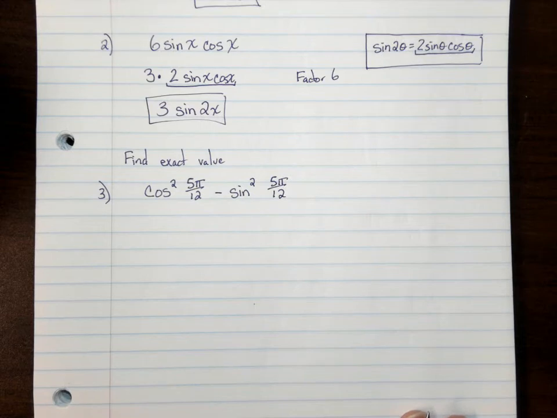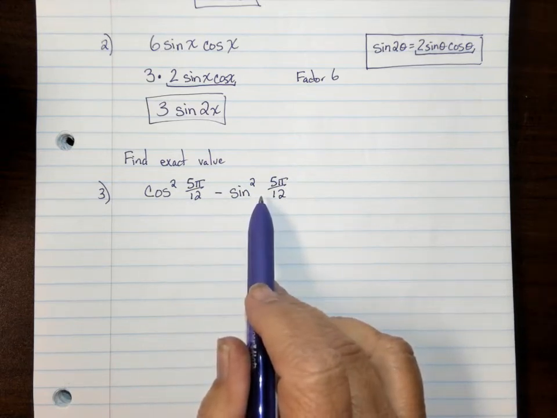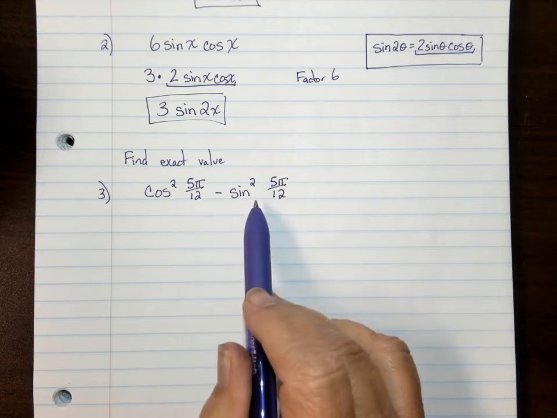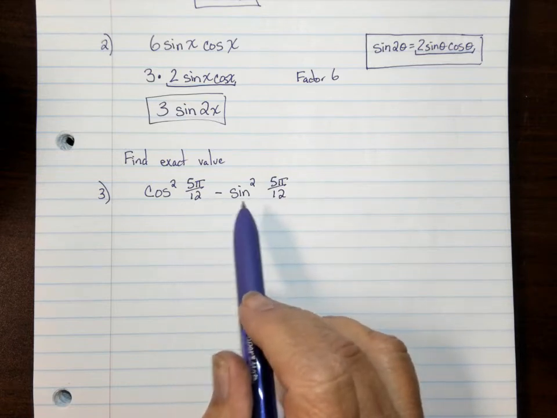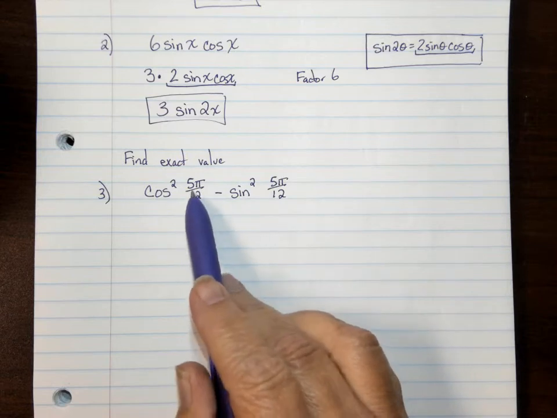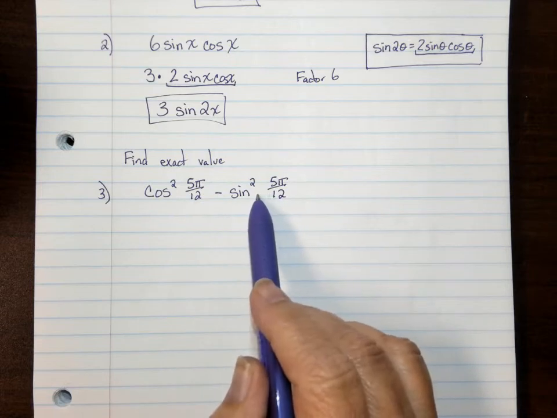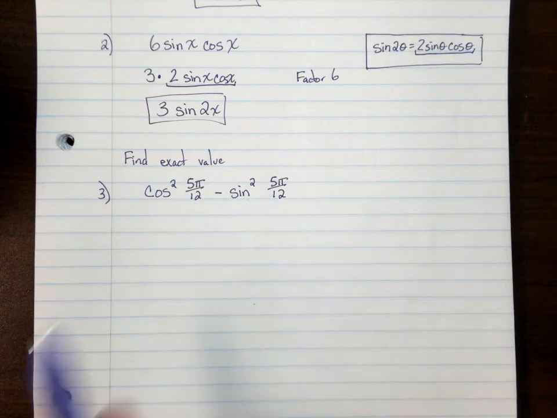And to reiterate my main idea, if I just type this into my calculator, I will not get an exact value because I will get a decimal that the calculator has rounded, because 5 pi over 12 is not a standard angle.